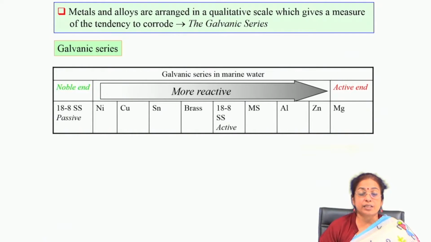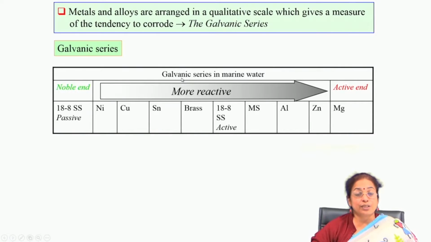The galvanic series gives you information about the relative corrosion potential of different metals as well as alloys in different environments, and it plays a very important role in choosing materials for galvanic combinations. You have to be careful to choose materials to prevent galvanic corrosion. You must choose materials which are very close in the galvanic series.